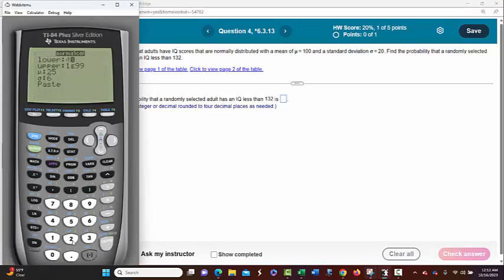Less than means we start negative 1E99 up to 132. And mean is 100, standard deviation of 6.